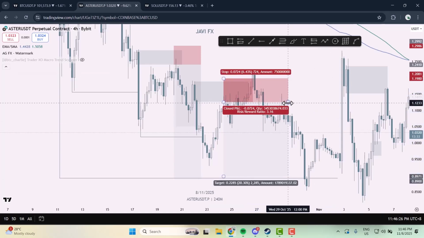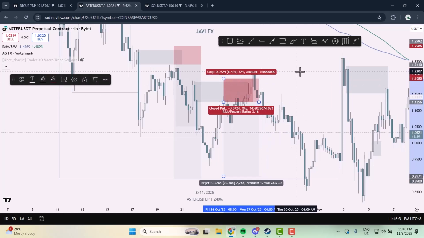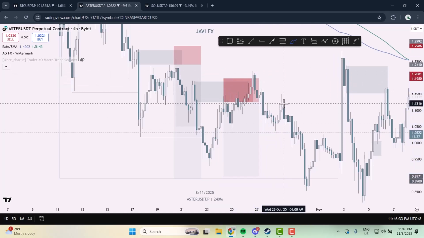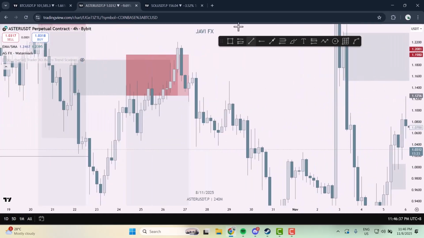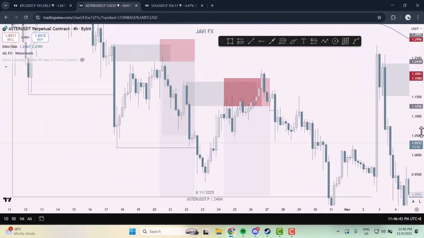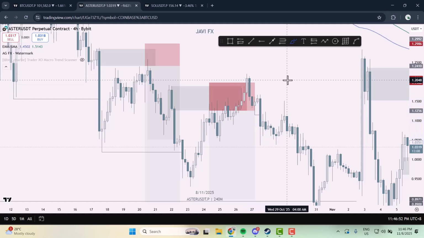So, if you get stopped out and price does this, it's not the end of the world because guess what? We broke structure again. So that candle that caused this, manipulation was eventually broken down.